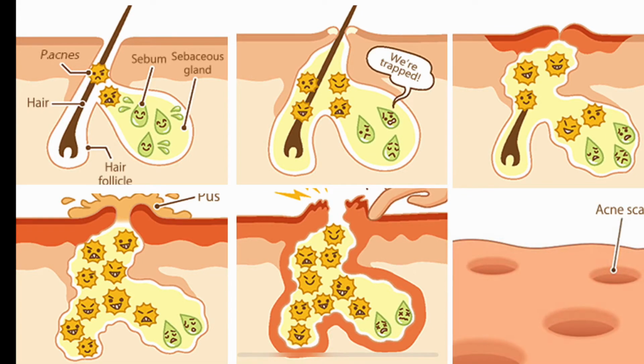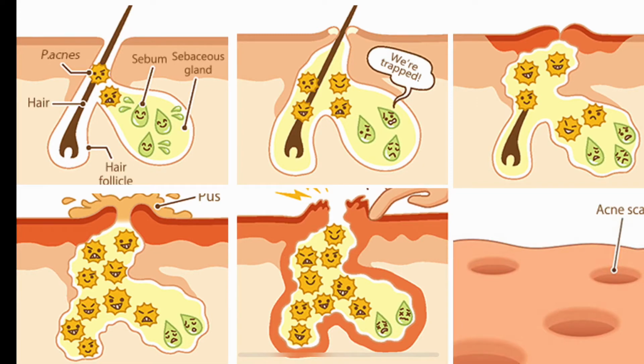Starting at the picture on the bottom left, as the inflammation advances, the wall of the widened pore breaks, causing the inflammation to spread and pus to exude. Next, popping pimples or having your hair constantly rub against your face irritates the acne, causing it to worsen further. And finally, if acne gets worse, it may leave scars after it has healed.